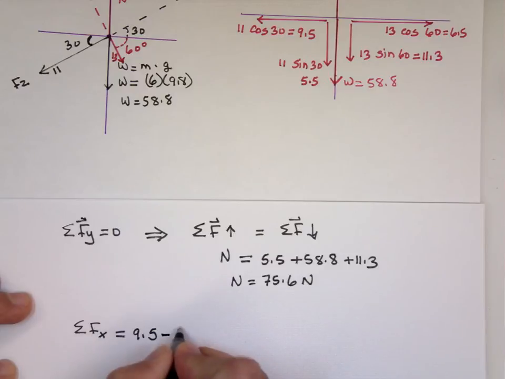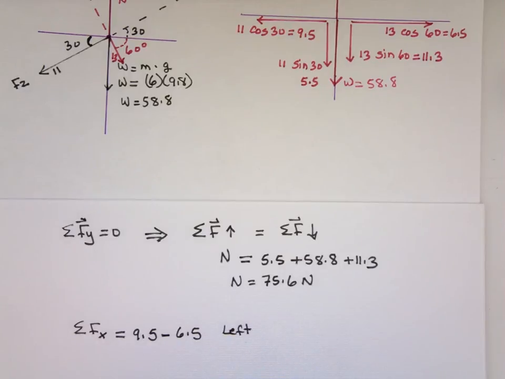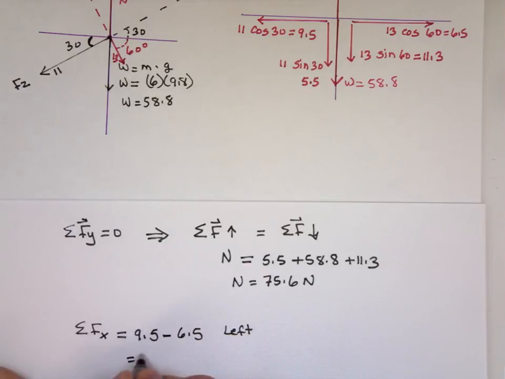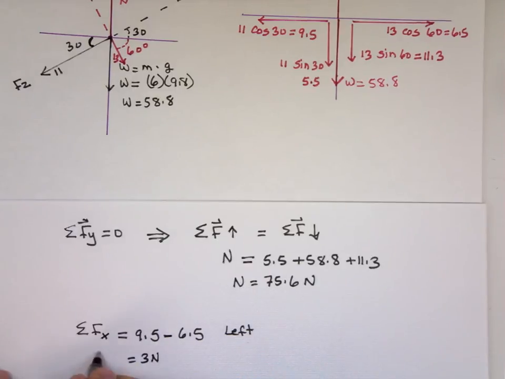Which direction? Left. 9.5 minus the 6.5, I'm using a calculator for that. That's 3. That's the net force in the x direction.